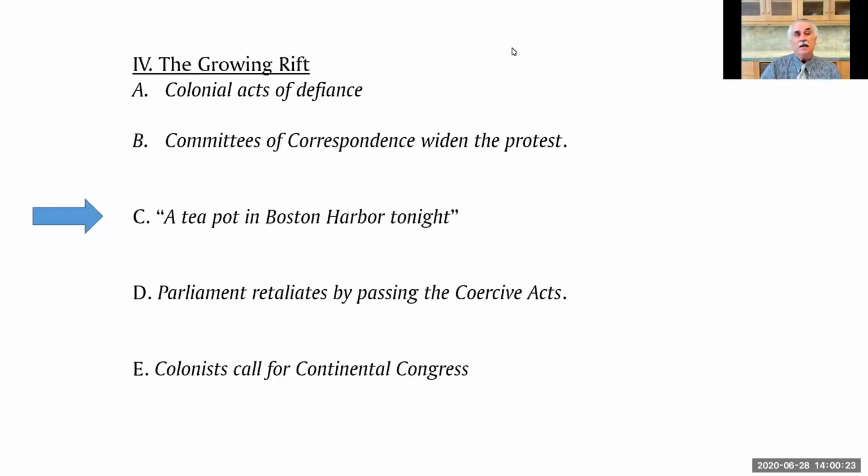And so the English government thought that the price would drop a lot and they could just slip in a little tax on top of that. They thought Americans would buy the tea and pay the tax. And then they could say, well, see, you don't mind paying taxes if the prices are low.